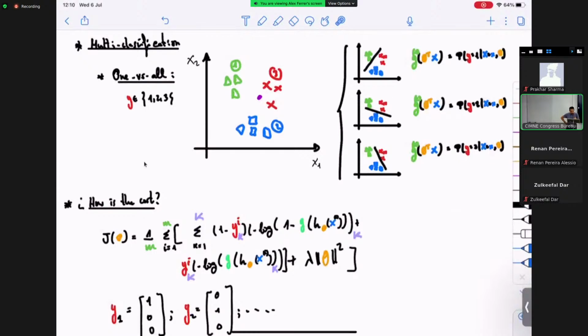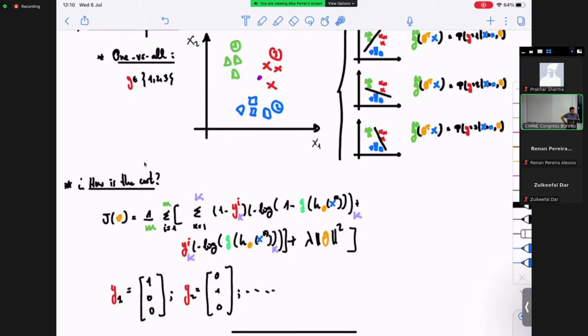So it's the same idea, but now y is not a number anymore. Instead of numbers, you can put it like this: 1, 0, 0. So if this is a cat, 1, 0, 0; if this is a woman, 0, 1, 0; and 0, 0, 1 if this is a car. So now the data is like this. It's still 0 or 1, but it's a vector. Its value is a vector. Typically, we put it in rows.